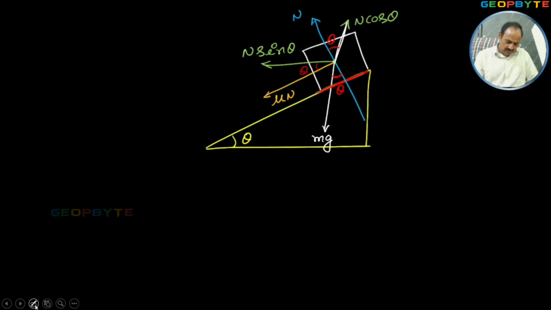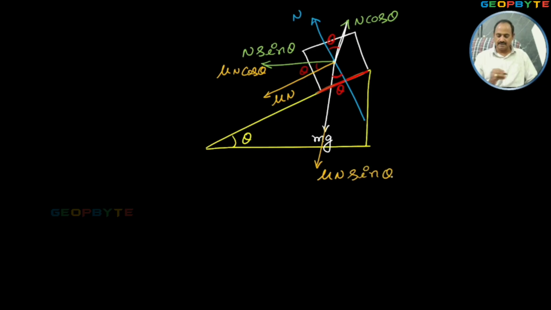Then it has two components of frictional force. One is mu N cos theta in the horizontal direction, and in the vertical direction mu N sin theta.